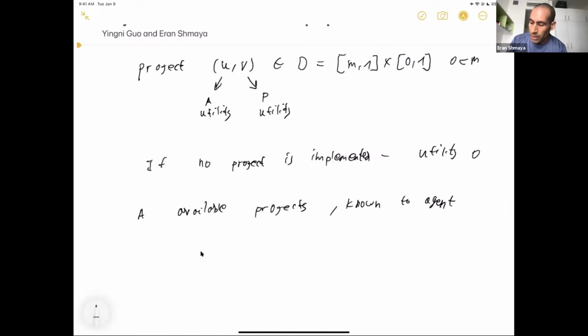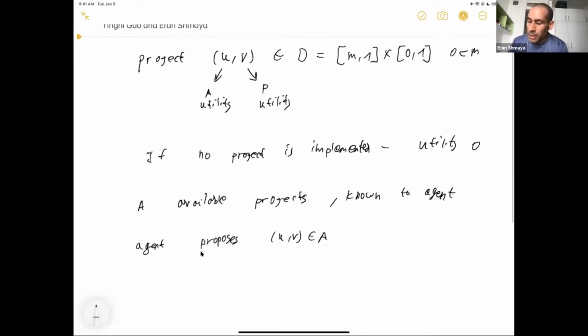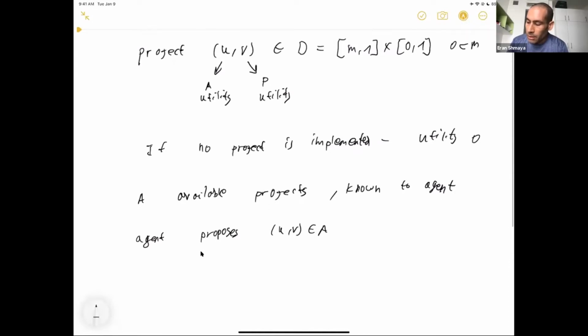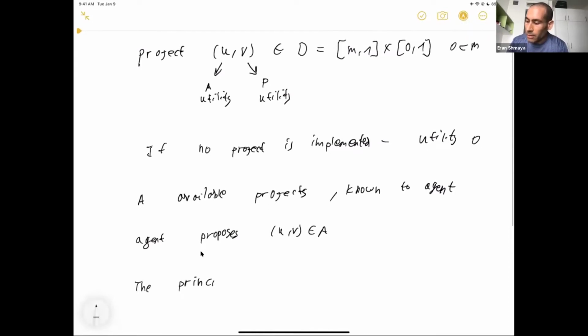The agent proposes a project from A. And when I said verifiable proposal in my title, what I mean is that you cannot invent projects that are not actually available. And the principal accepts with probability eta(U, V), that depends on the project.